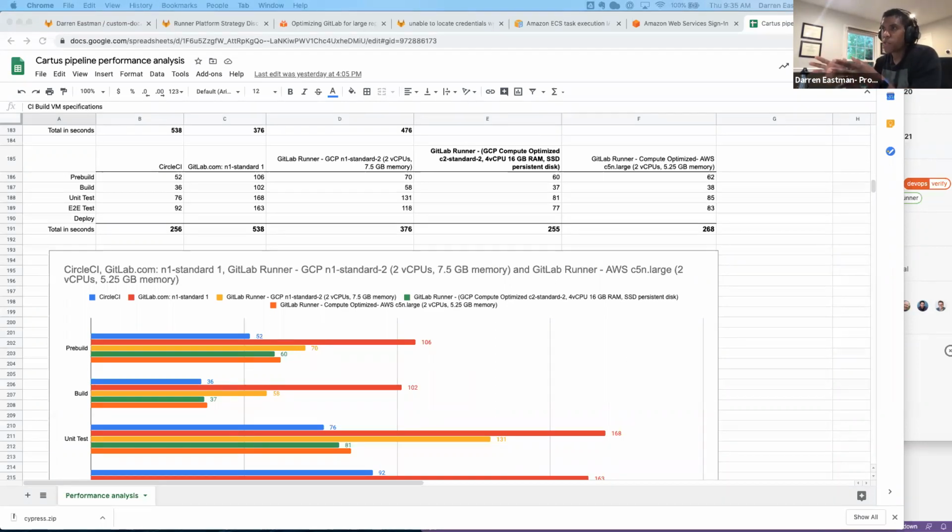What you see on the screen right now is some analysis that we did yesterday on behalf of a prospective customer of GitLab. And that customer said, hey, I'm looking to move to GitLab, but I'm comparing GitLab to CircleCI, to Bitbucket, and a few other vendors in the space.